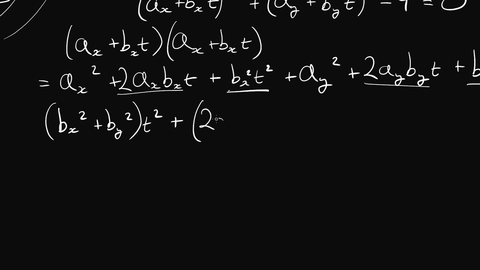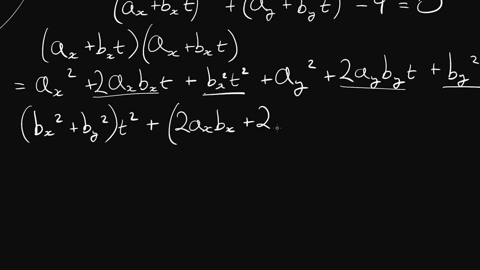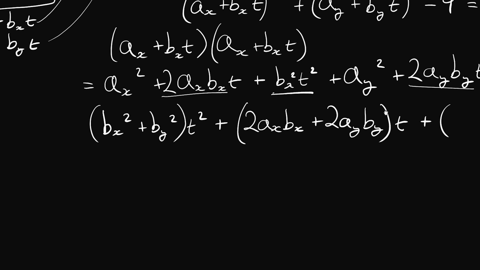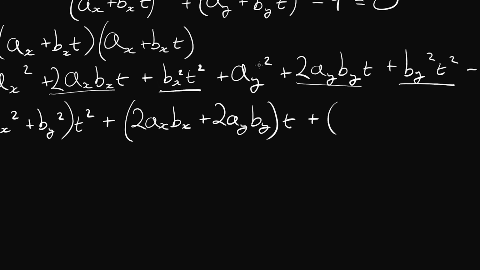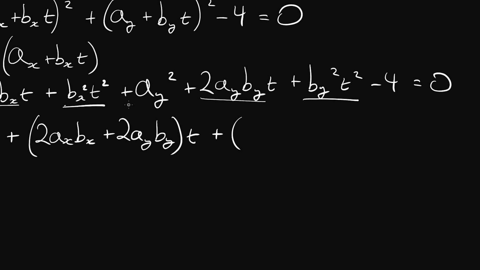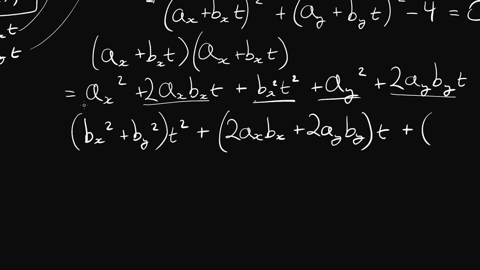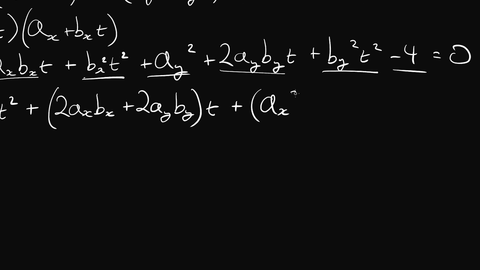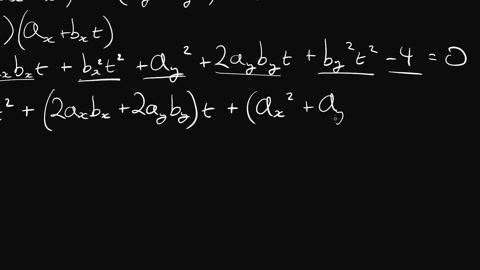So 2ax bx plus 2ay by, times t, and then plus our constant terms, which I'm going to put in brackets here. So ax squared, ay squared, so this one here, this one here, and this one here. I'm just double checking that I've got everything, and it looks like I do. So ax squared plus ay squared, and then the minus 4, which I'll also put over here, equals 0.